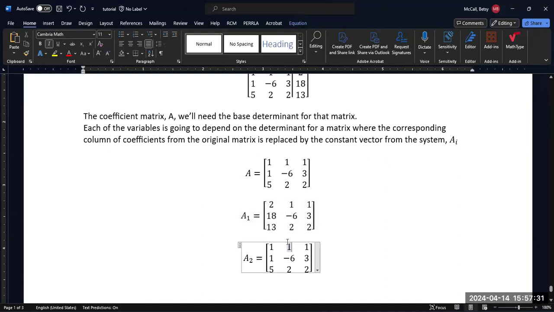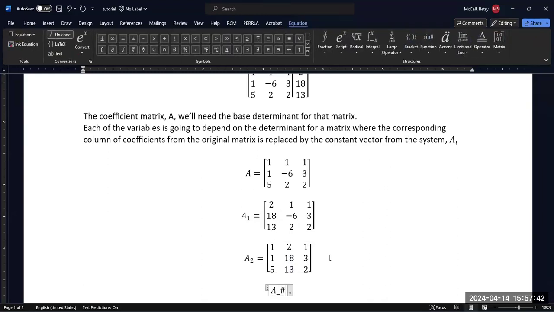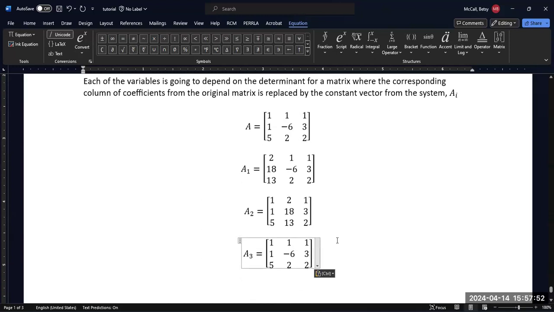So if we go back to the A matrix, it's this second column that's going to become 2, 18, and 13. And then our A3 matrix is again going to replace the third column with our constants, 2, 18, and 13.